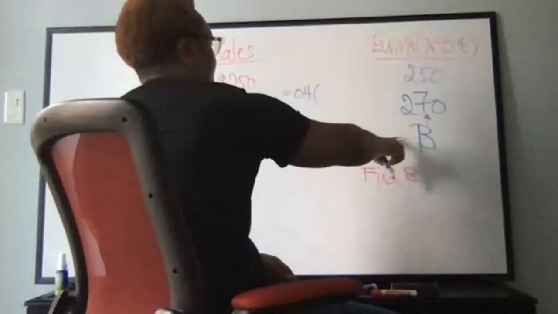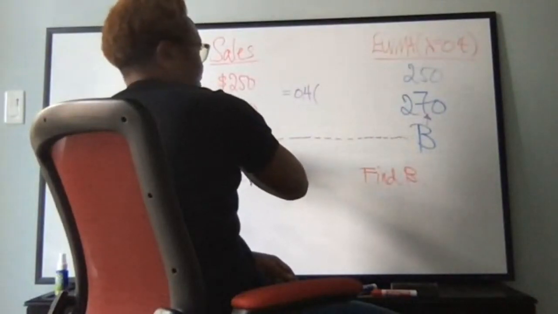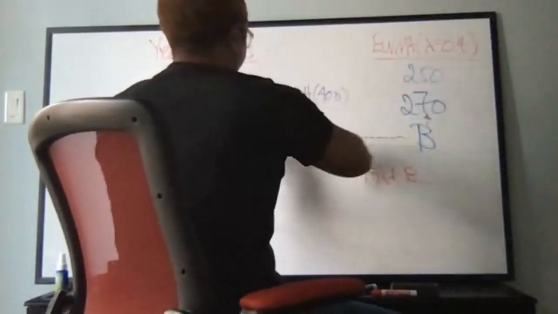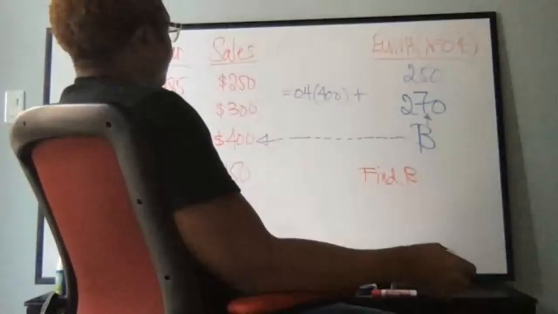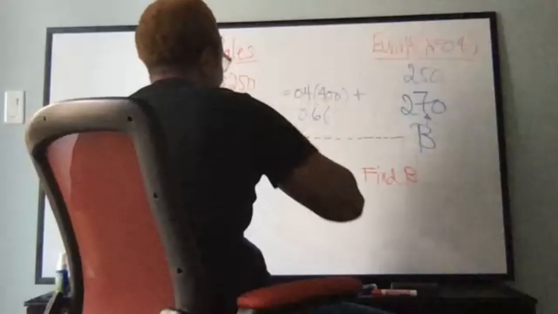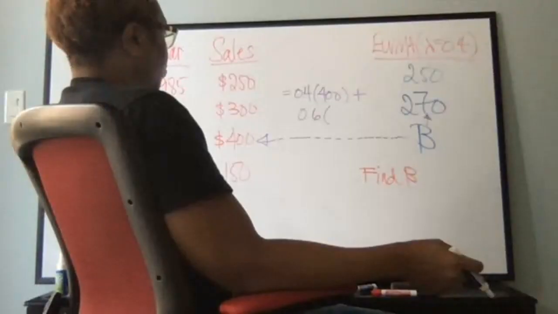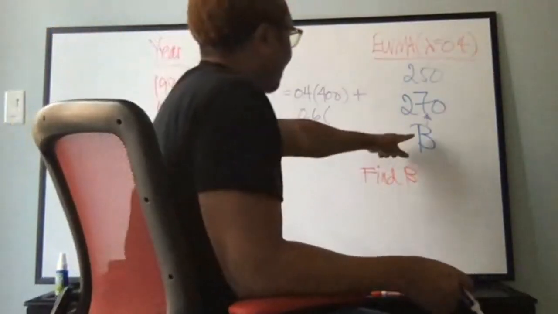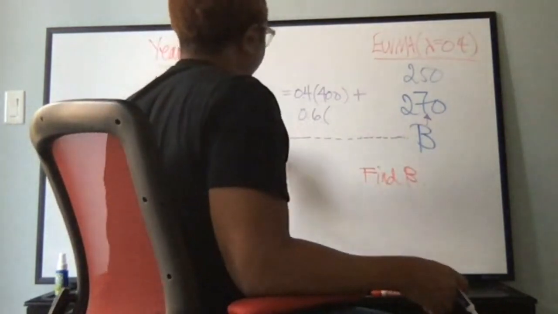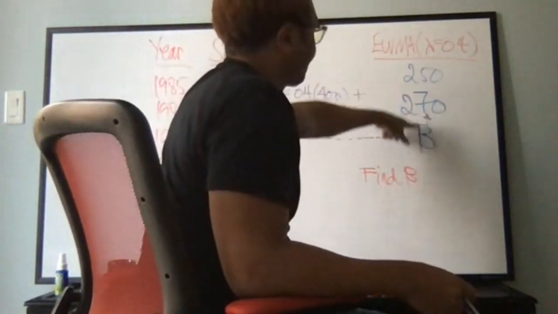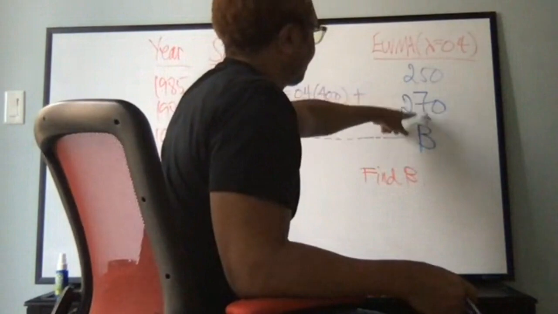Times 400, because it's the one on the same level. And then plus 0.6 times 300. Well, not 300, but what? See, we got this level here, and then what's right above it? The 270?